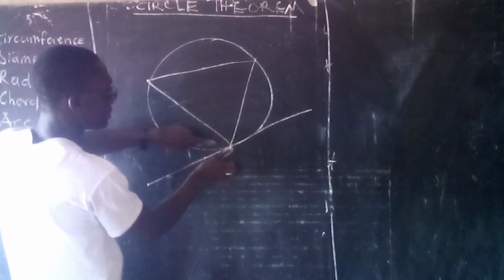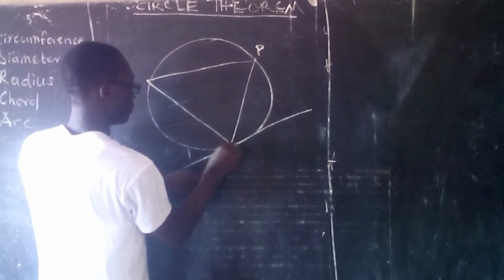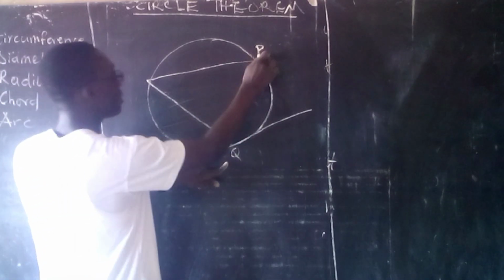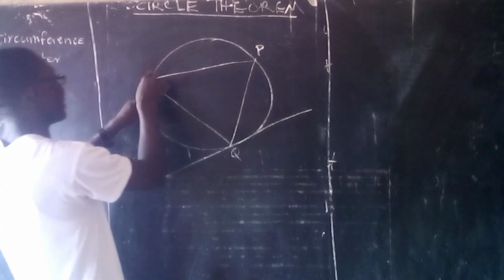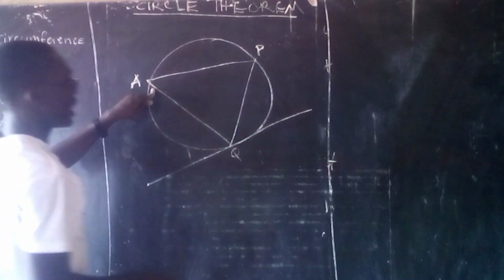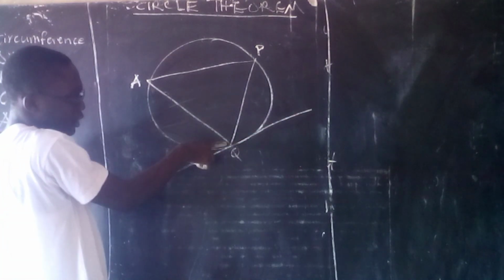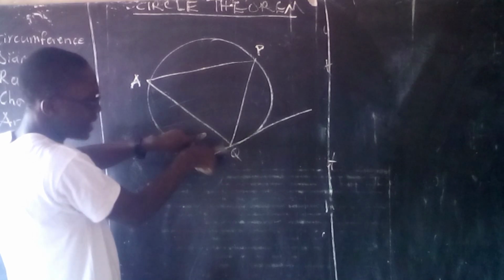So this chord called PQ subtends an angle to the circumference of the circle at the point A, and you have a tangent to the circle at the point Q, or at the end of the chord.